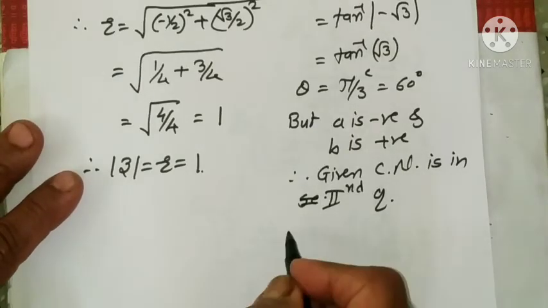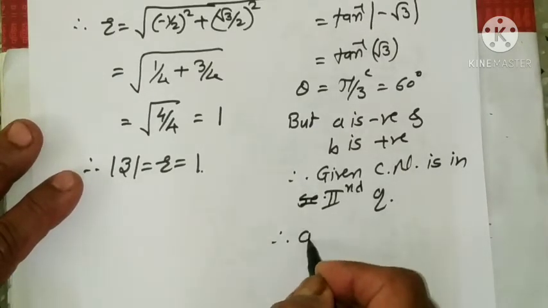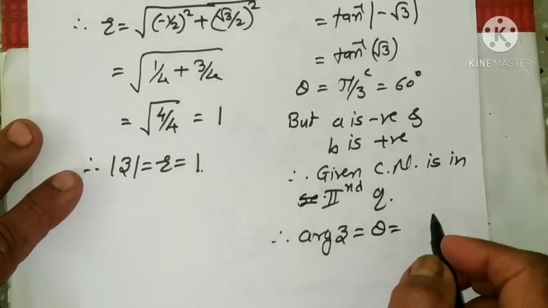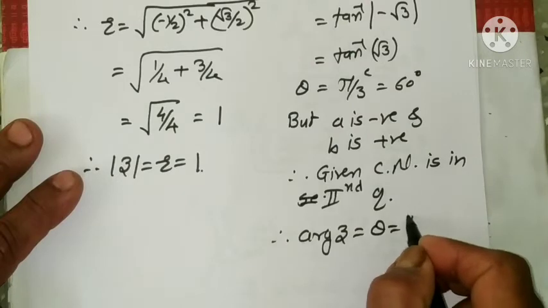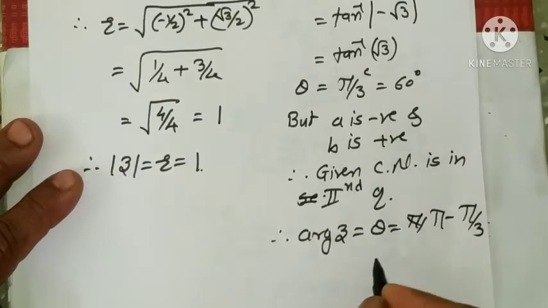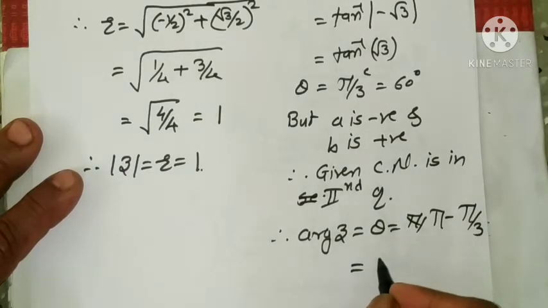Therefore, arg z equal to theta is equal to pi minus pi by 3 is equal to 2 pi by 3.